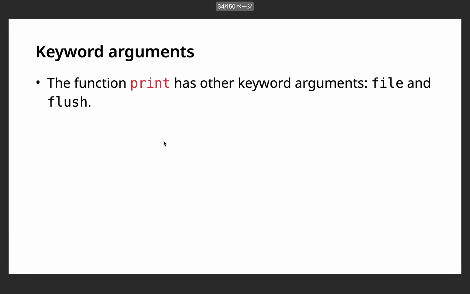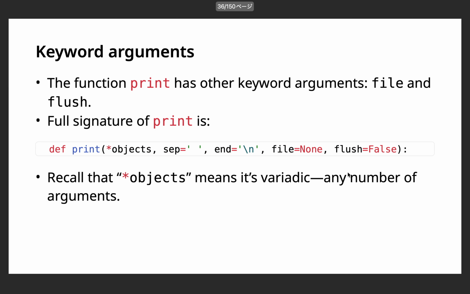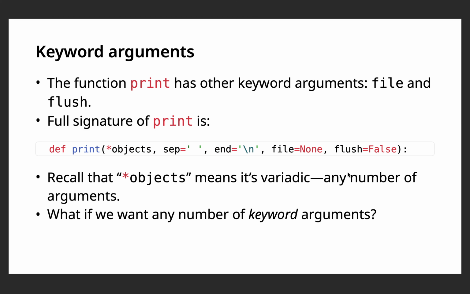So print also has some other keyword arguments, but we'll look at those in one of the later lectures. Okay, this is the full signature of print. So the stuff you want to print out, and these keyword arguments over here. Alright, so what if instead of just some specific number of keyword arguments, we actually want any number of keyword arguments?